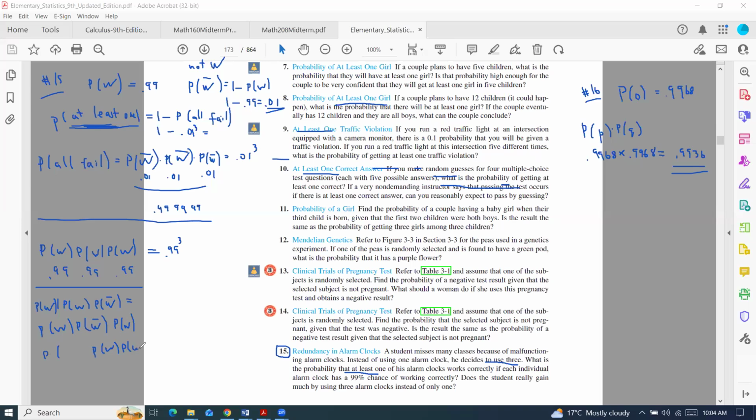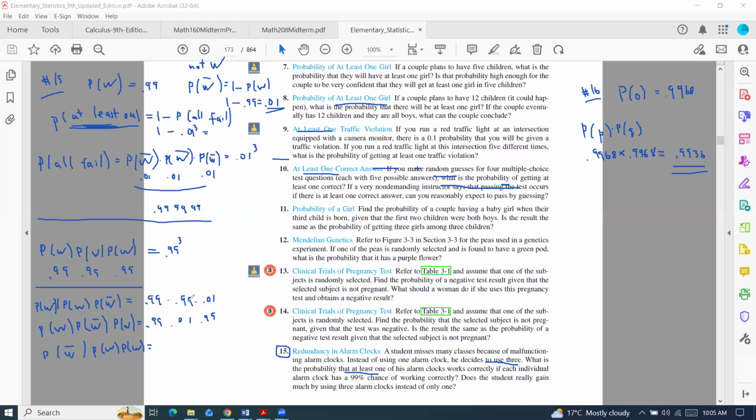So I just try to show you all the cases when two alarm clocks worked, first two, or first and last, or last two, and they all are going to give you the same exact product, like 99% for the first to work and 99% for the second to work, but for the third, 1%. Or here you have 99% and then 1% for the middle one, right? Not to work, and then 99%. So please notice that these are the same products because we just commute numbers.